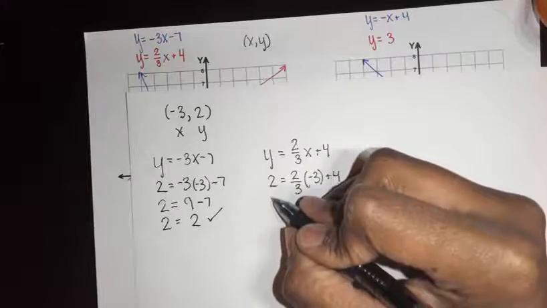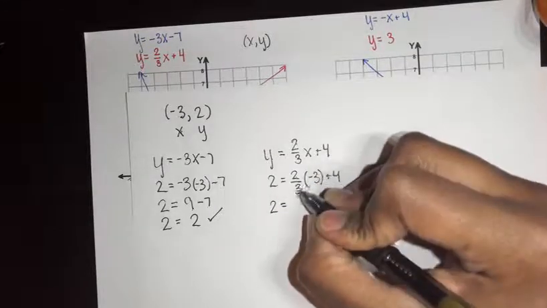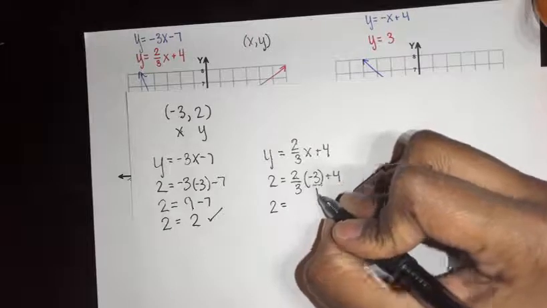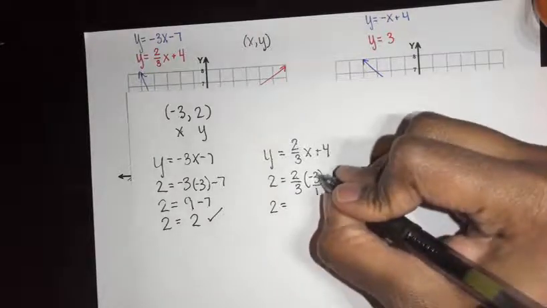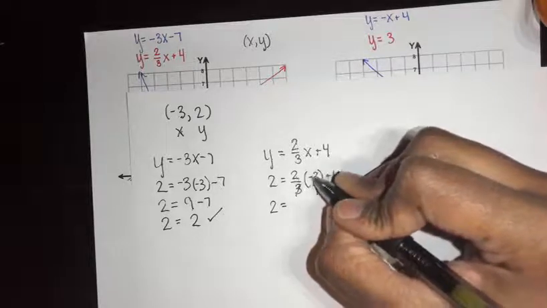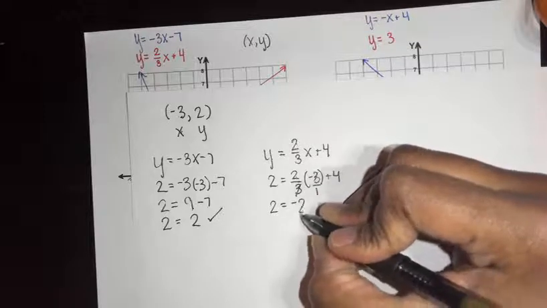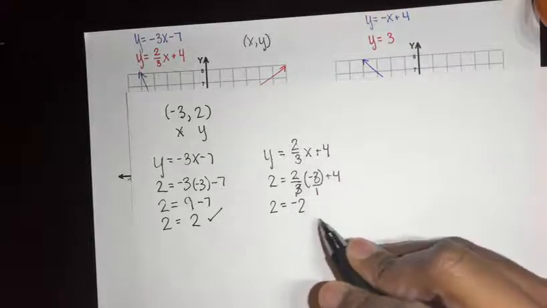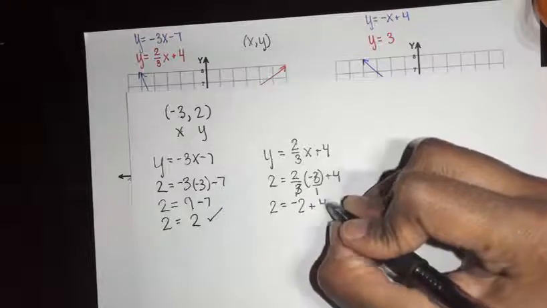So I have 2, bring that straight down, 2/3 times negative 3, well negative 3, I can think of that as being 3 over 1, negative 3 over 1. So my 3's actually just cancel here, and I'm just left with 2, but that negative still there, so it's negative 2 over 1, but I don't need to put over 1 because it's still just negative 2 plus 4.